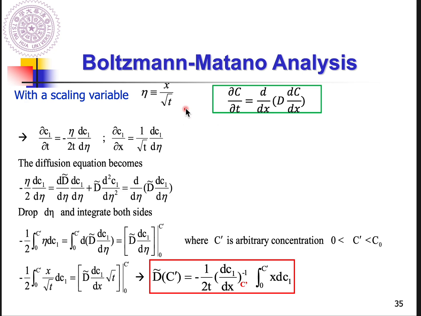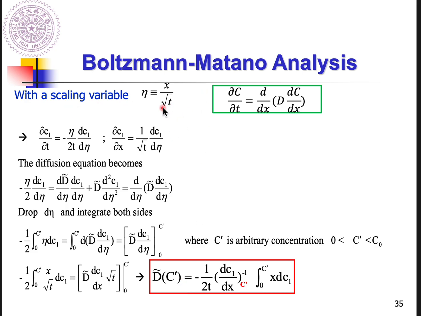Some people will probably ask, in the previous slide we defined eta equals x over square root of 4Dt, so why here just square root of t? Because we need to get D. We cannot define eta as x over square root of 4Dt or Dt, otherwise D will be eliminated, and we would not get a diffusivity as a function of concentration.